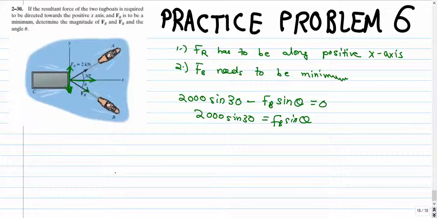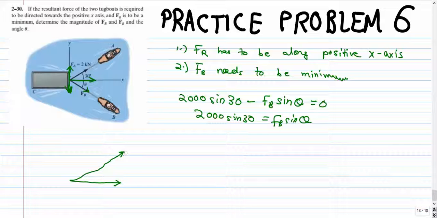So to draw a vector triangle for this question, just for the sake of understanding, let's draw the resultant first. So if our resultant is horizontal, like this, and we already know the vector for the 2000 Newton force, which is like this.